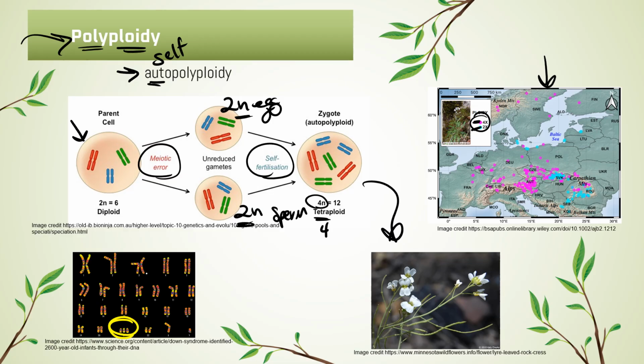However, they can't really interbreed because the gametes of the tetraploid plant will be 2n. The gametes of the diploid plant will be haploid 1n, and that's going to lead to 3n hybrids, triploidy. This is actually super interesting because the plants will grow very, very well.